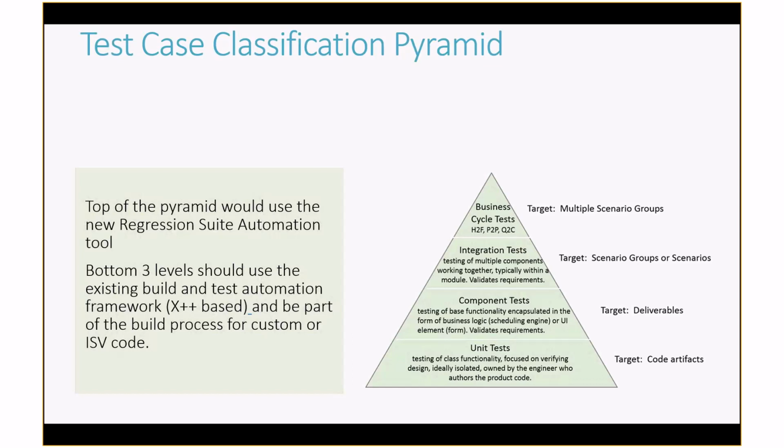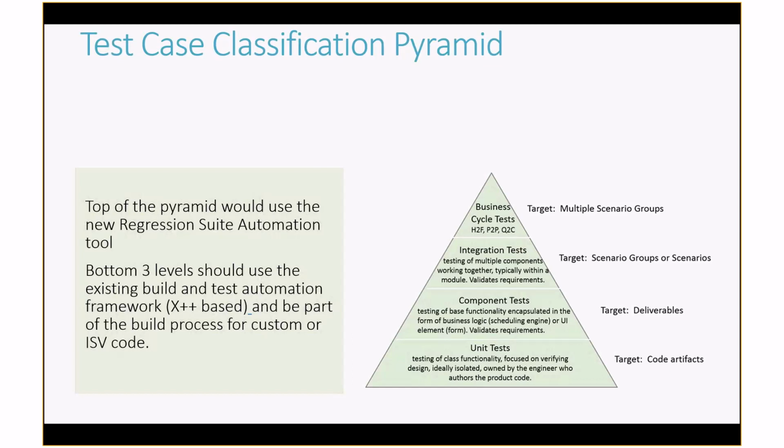But in integration tests you also have interactions with external systems, and you really have to see how data is flowing from one system to another and coming back. And on the top level, it is about business cycle tests. It's typically where you have scenarios like hire to fire, quotation to cash, procurement to pay. It's really using end-to-end scenarios.